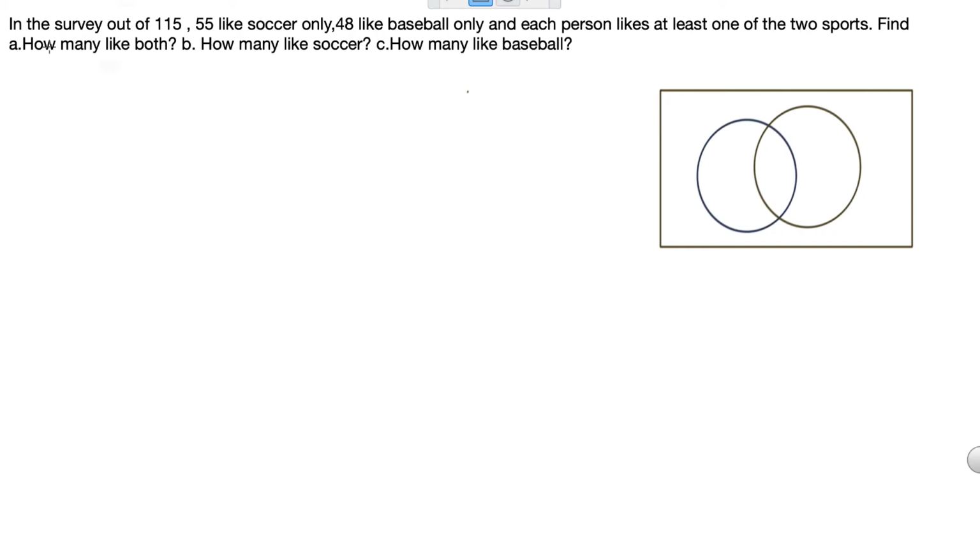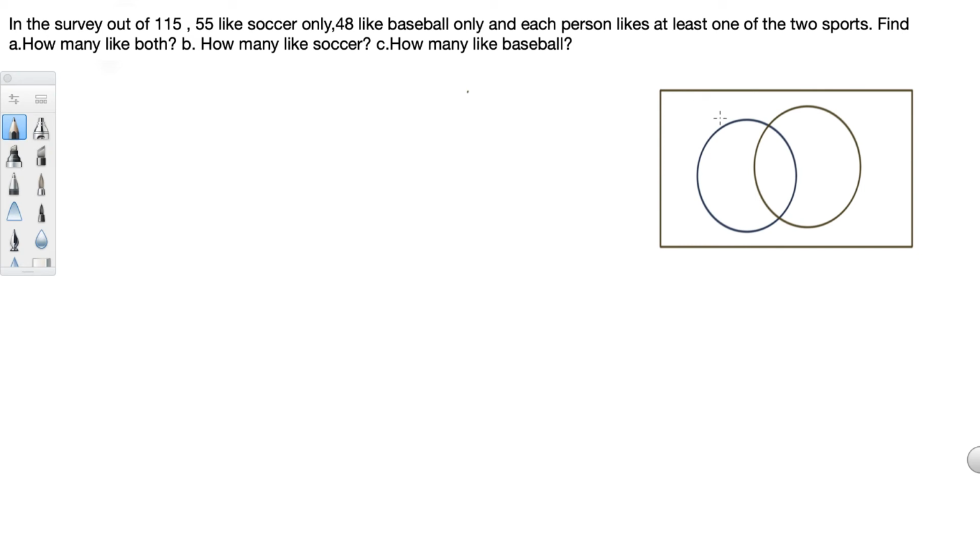Now let us see an example of a problem. This is the question. In a survey out of 115, 55 like soccer only, 48 like baseball only, and each person likes at least one of the two sports. Find A, how many like both, B, how many like soccer, and how many like baseball.